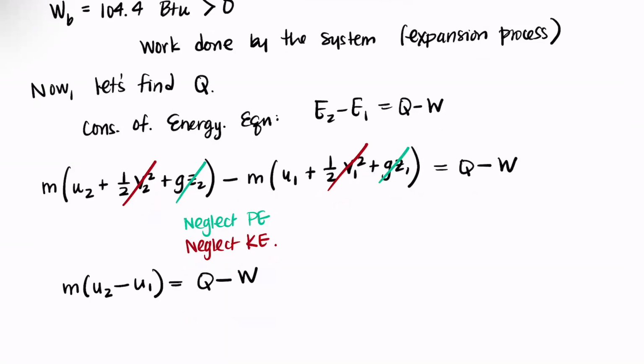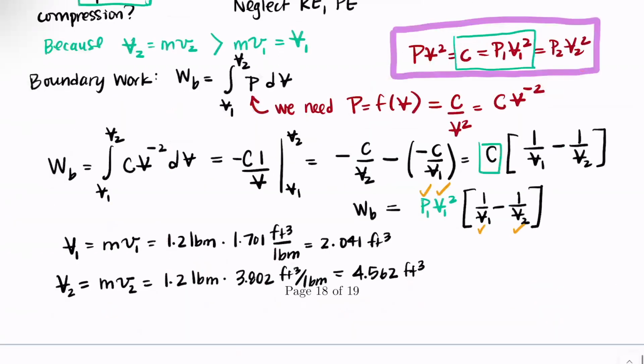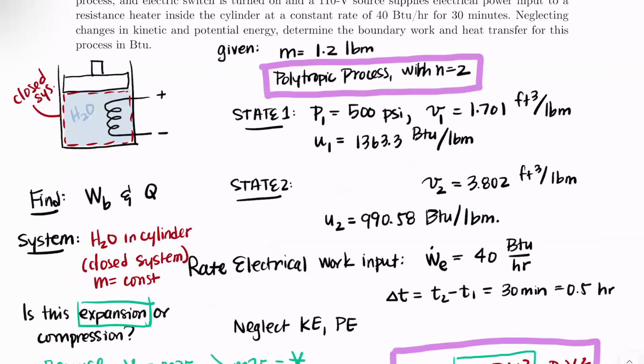Okay, we want to find Q, right? And we already know the mass and we're given the internal energy at states 1 and 2. So we just need to put in the net work term, right? What works do we have to consider for this problem? Yes, excellent.